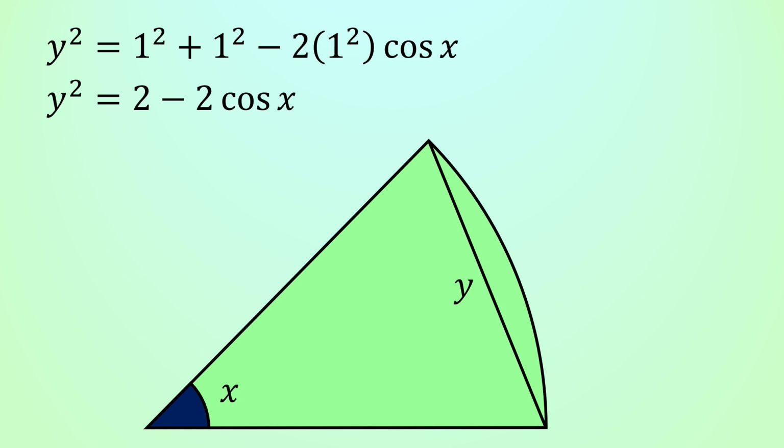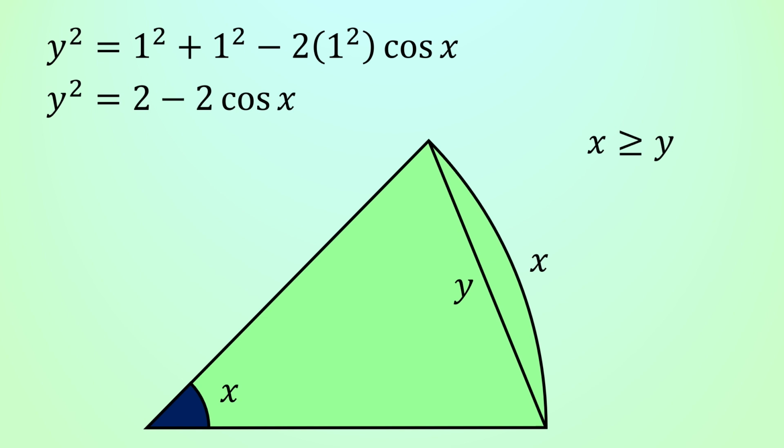We can then compare this side length of y to the arc length that we already calculated earlier as being x, because we can see from the diagram that that arc length must be bigger than the length of that straight line, so therefore x must be greater or equal to y.